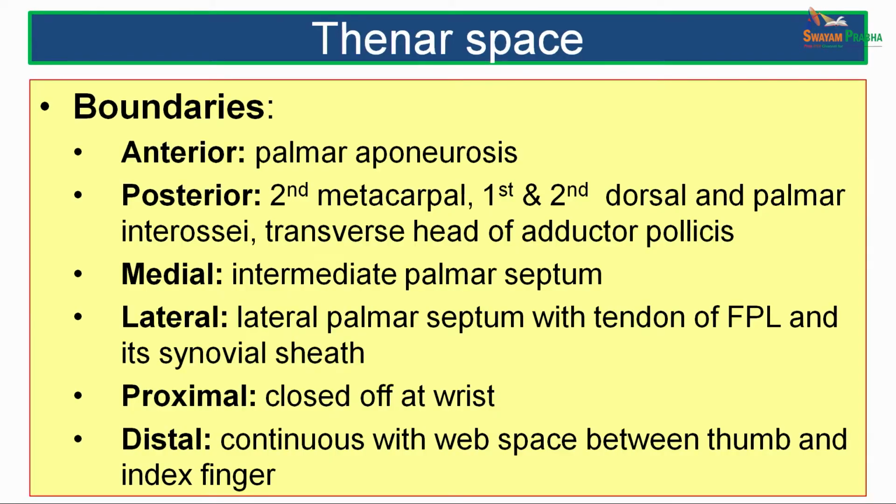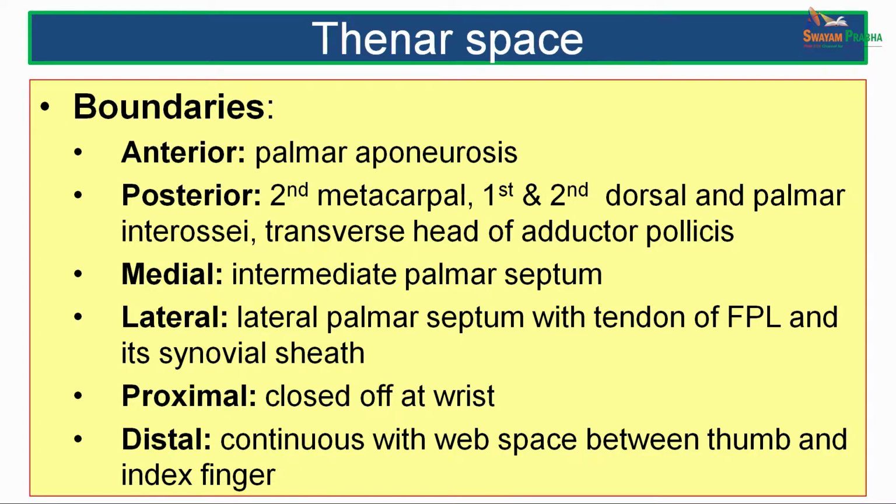The thenar space is bounded anteriorly by the palmar aponeurosis. Posterior boundary is formed by the second metacarpal bone, the first and the second dorsal and palmar interossei muscles, and the transverse head of adductor pollicis muscle. The medial boundary is formed by the intermediate palmar septum which separates it from the mid palmar space.